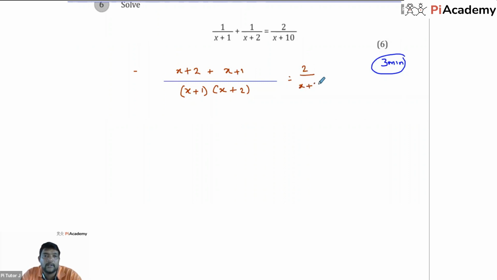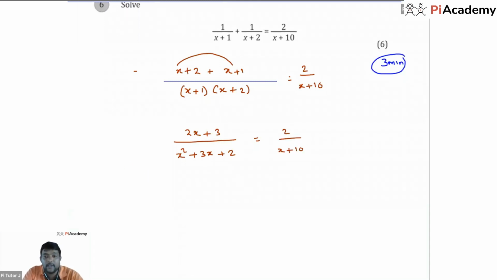I hope this step is clear to all of you, okay? So now x plus x is 2x plus 3, divided by, if you multiply this denominator, x squared plus 2x plus x is 3x plus 2, is equal to 2 over (x plus 10), right?